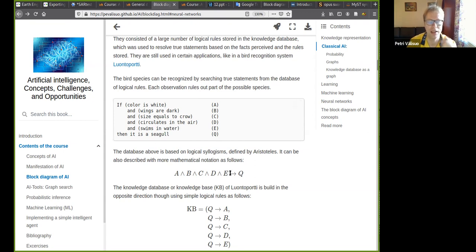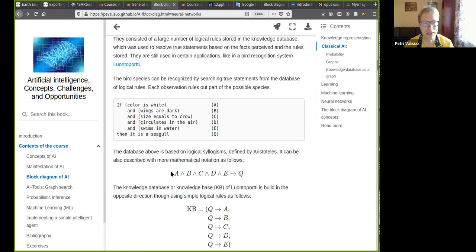So with propositional logic, we can formally describe it as a formula. If A is true and B is true and C is true and D is true and E is true, then it implies Q. So we can kind of prove that Q is correct if all these A, B, C, D, and E are correct.